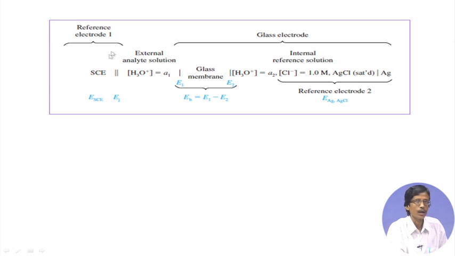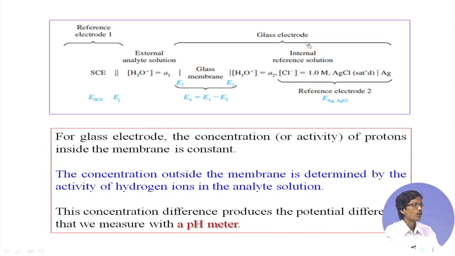This is your external analyte solution having activity A1. We will be monitoring the potential by inserting those electrodes, where the activity of this H3O plus, which is the proton concentration or the hydronium ion concentration, A1, can be monitored by utilizing the corresponding change in the potential value.